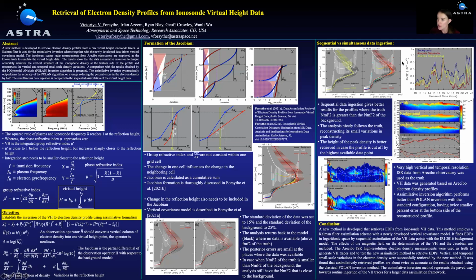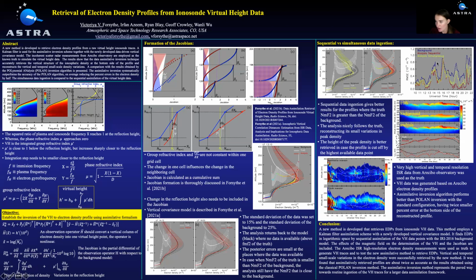With the sequential data ingestion, this is not a problem. Why? Because each next profile extends the NMF2 of the previous profile, and all of the data points can then be taken into account when calculating the analysis.